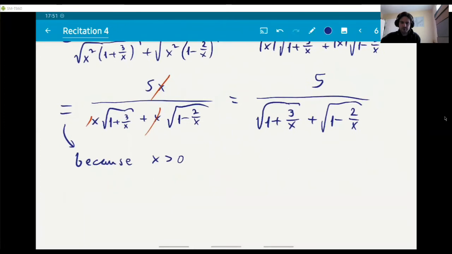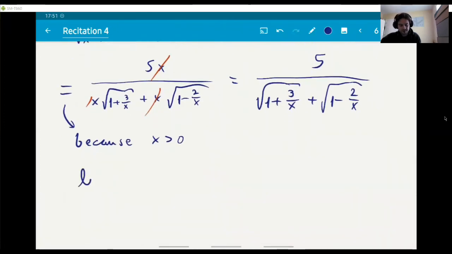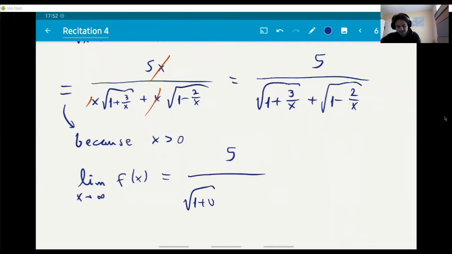So that was the whole expression being simplified. What is the limit now as x goes to infinity? Well, 3 over x goes to 0. Minus 2 over x also goes to 0. So 5 over root 1 plus root 1, 5 over 2.